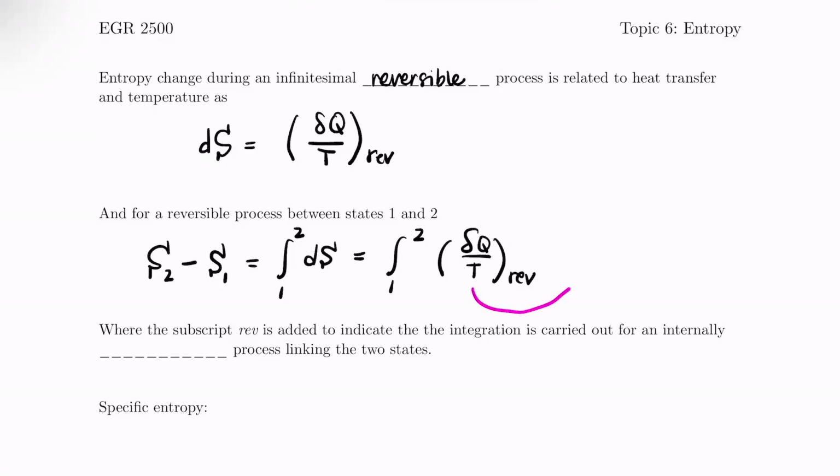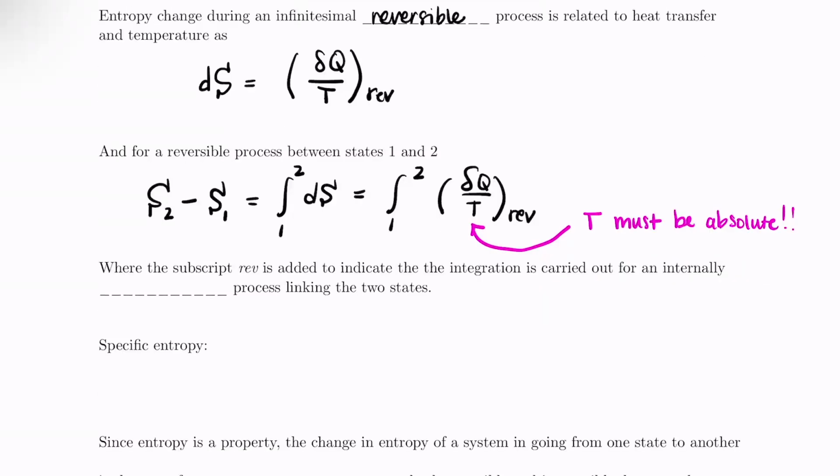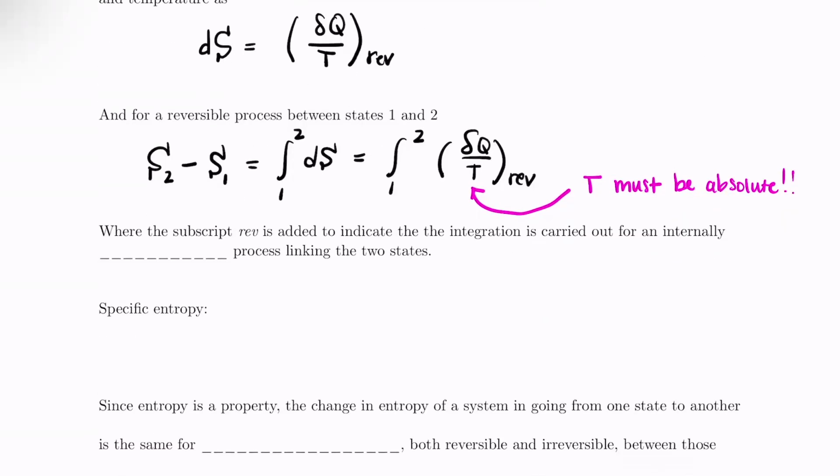I'll probably write this a bunch more times, but just remember T must be absolute. So make sure you're using Kelvin or Rankine. I already mentioned this, but that subscript rev is added to indicate that the integration is carried out for an internally reversible process that links states 1 and 2.